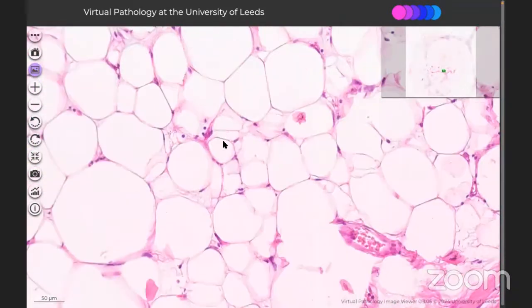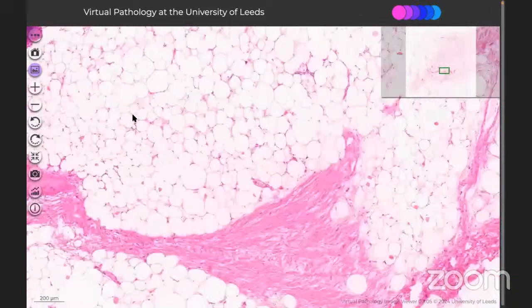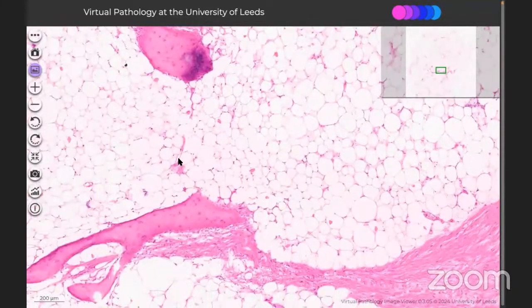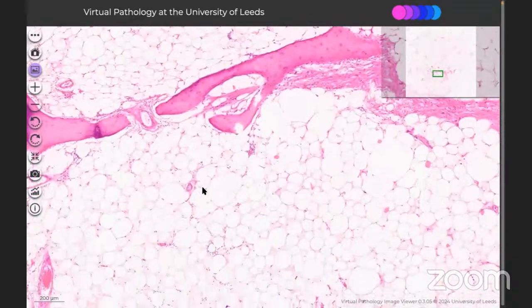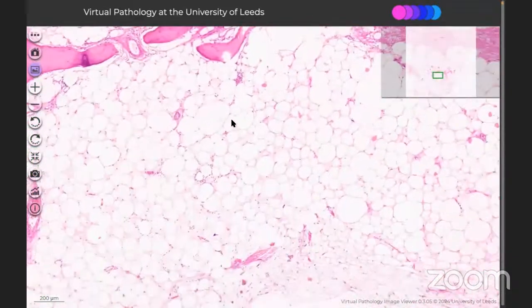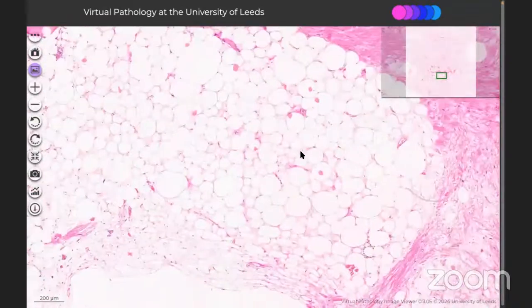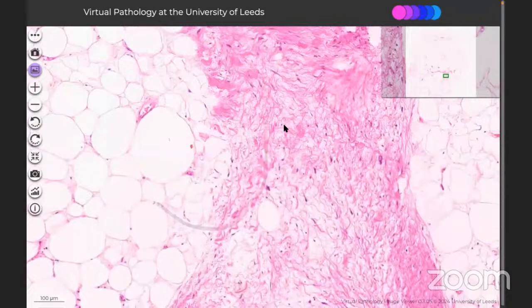Even though a lipoblast is not mandatory for the diagnosis of well differentiated liposarcoma or atypical lipomatous tumor, it is better if you find it and mention it. And one characteristic feature is this variable sized fat adipocytes. Look at the atypia of the septa, which is quite significant.